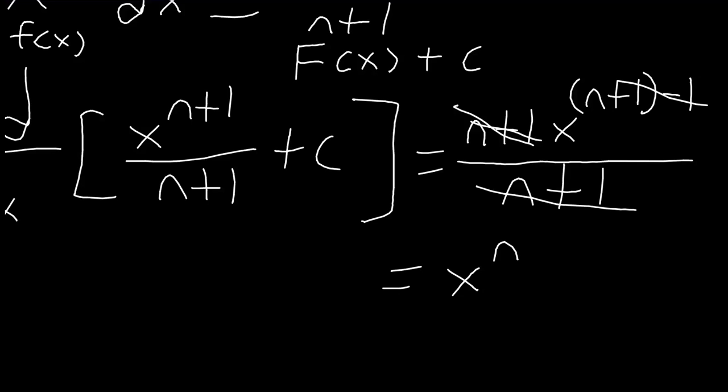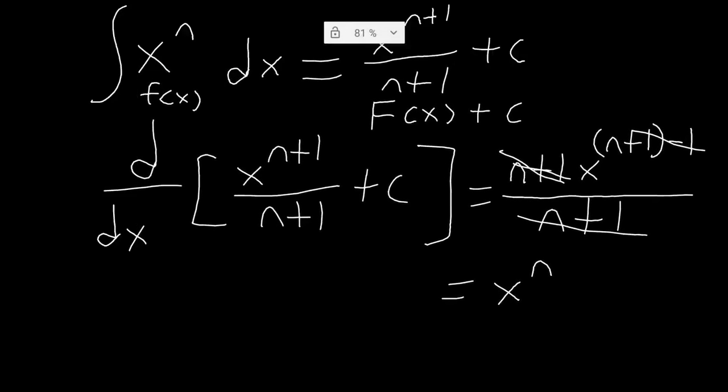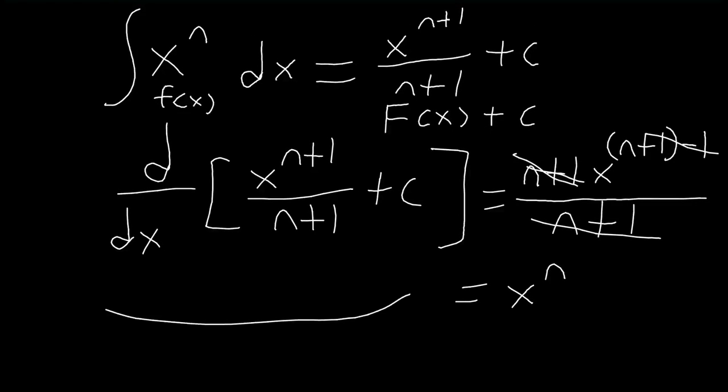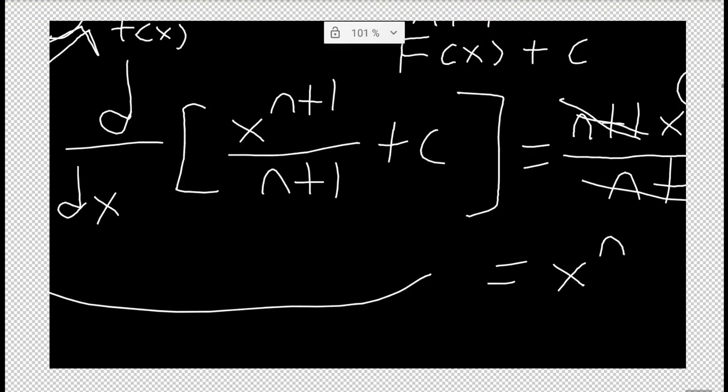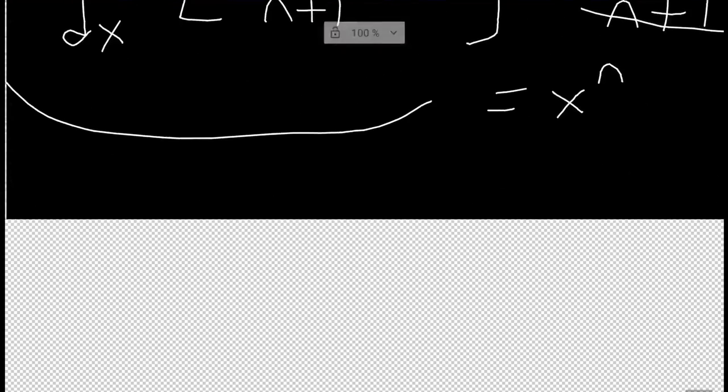The c goes away because it's a constant. Because this equals that, we just verified that the formula works. You should do this with all antiderivative formulas you get to verify they work, and it's easier to remember them.